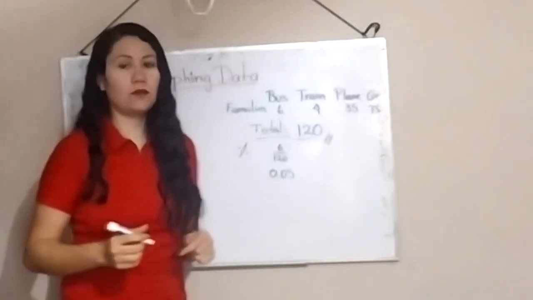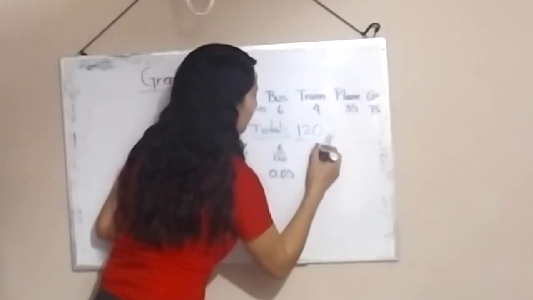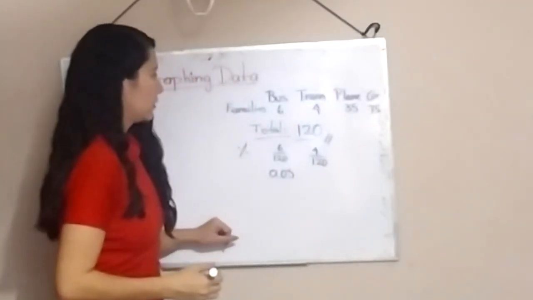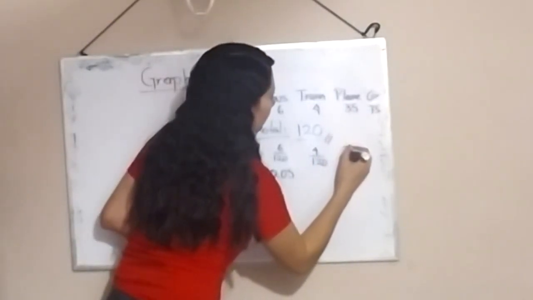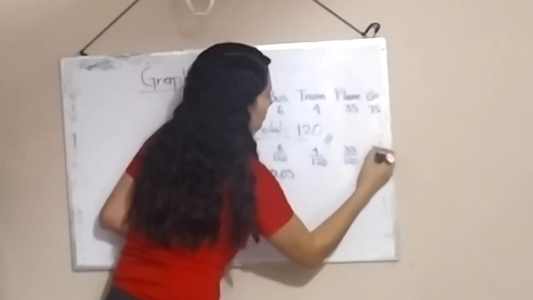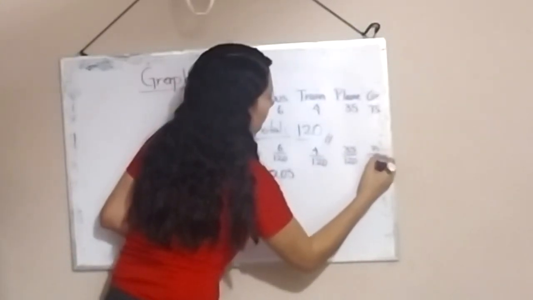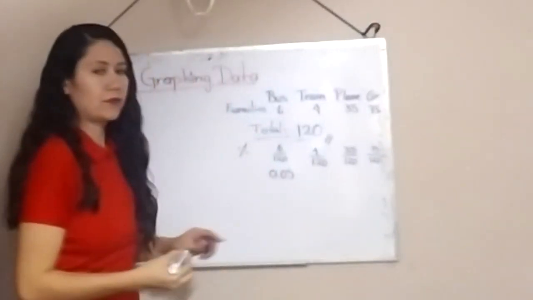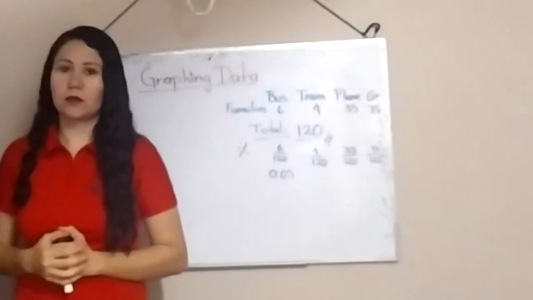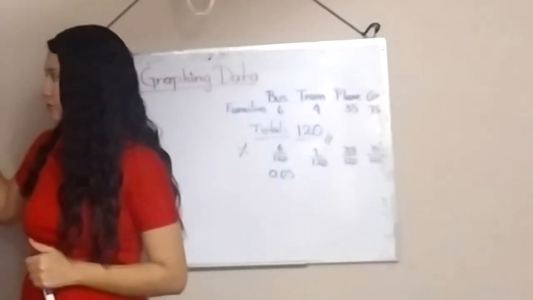Now we divide 4 by 120. We also divide 35 by 120 and 75 by 120. And that way we will have the percentages.